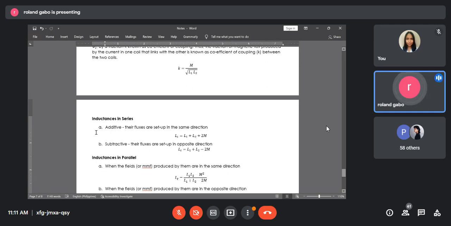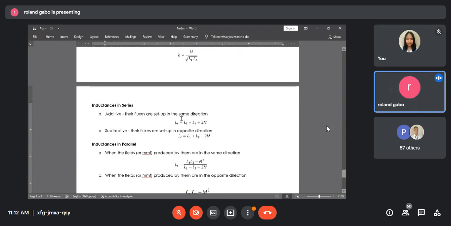Ang flow sa current na kay magsunod man tong flux nimo. So when we say subtractive, ma-minus ang imuhang M, mutual inductance. So minus 2M for subtractive, plus 2M for additive.